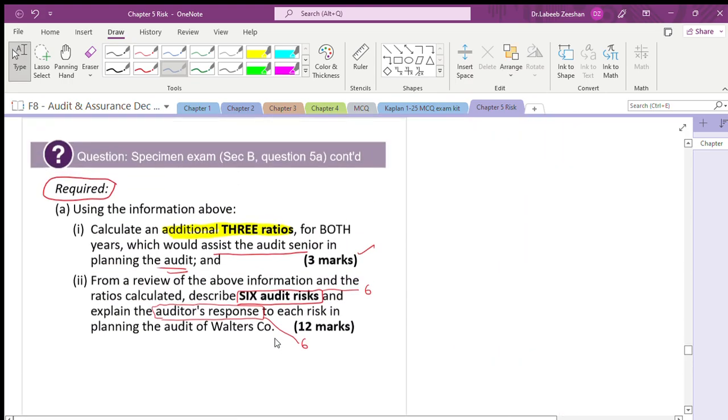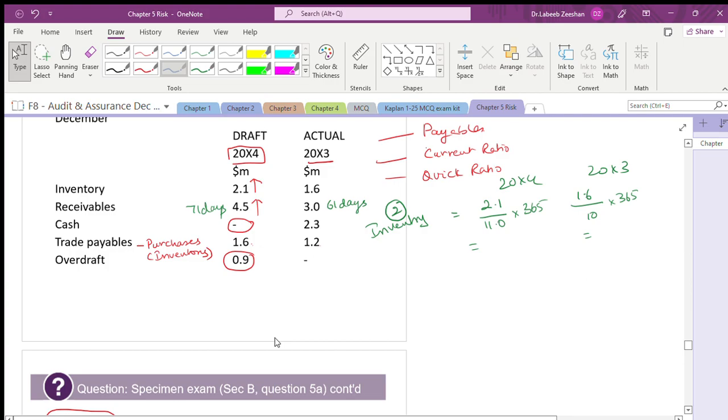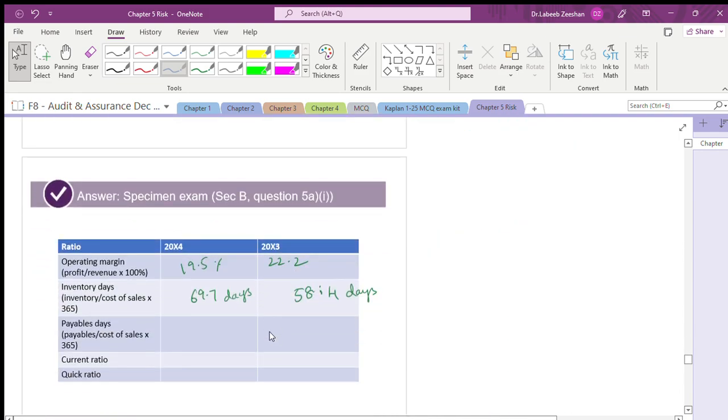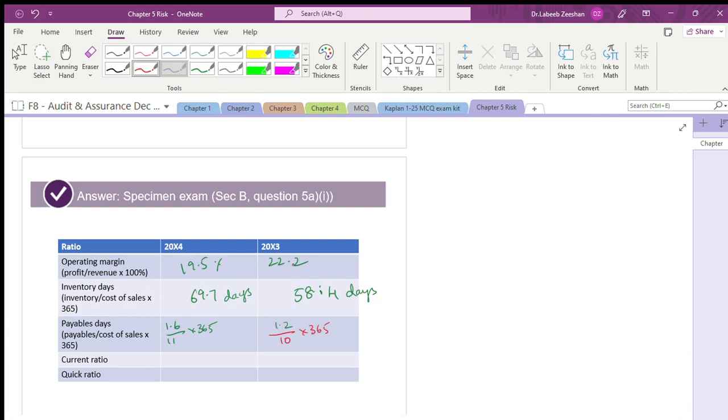Payables is how much? 1.6 and 1.2. 1.6 divided by 11 into 365, and 1.2 divided by 10 into 365. 53.1 days. Is it right? Next, 43.8.